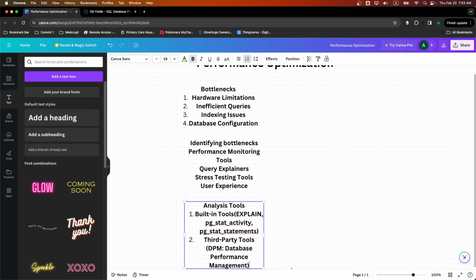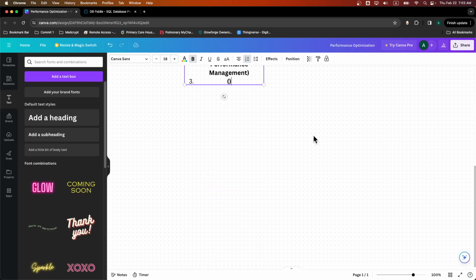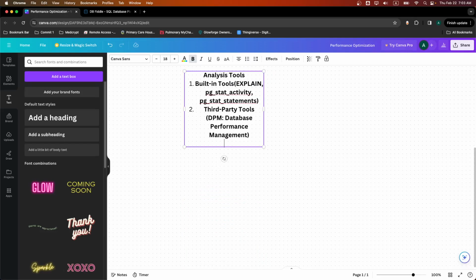Then we have another tool, actually it's not another point, it's still a third-party tool. That would be the query explainer. The examples are, as I already mentioned: explain, pg_stat_activity.